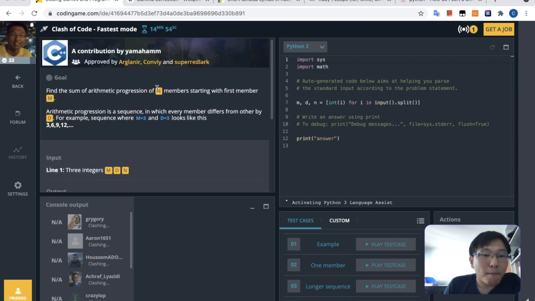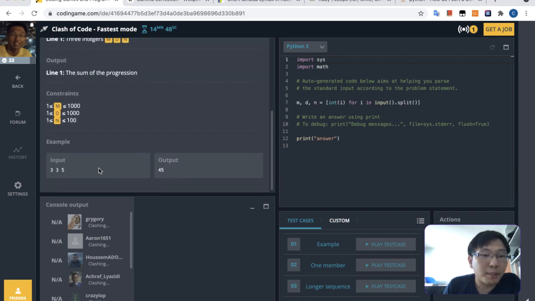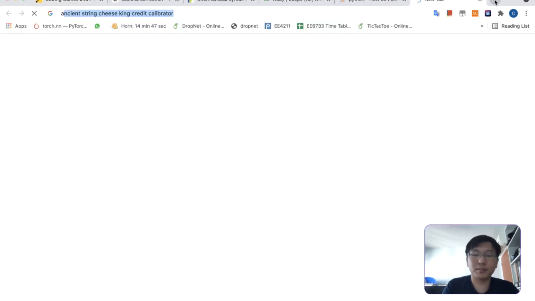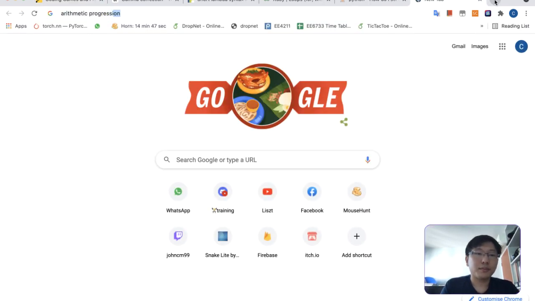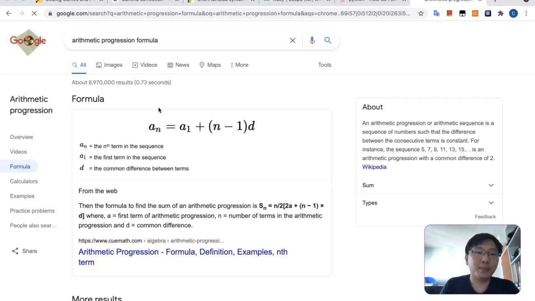Arithmetic progression, n numbers with first number m with difference d and n numbers. So we have this is the starting term, this is the difference, and this is the number of numbers. So the arithmetic progression formula, I mean I could calculate it myself, but the sum is n divided by 2 times (2a plus (n minus 1) times d).